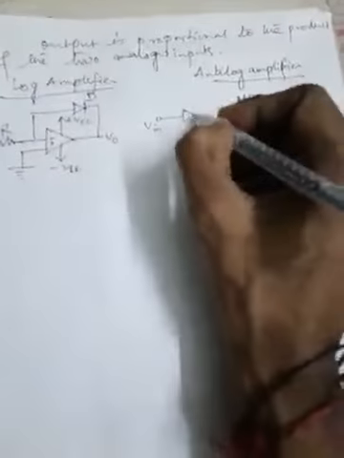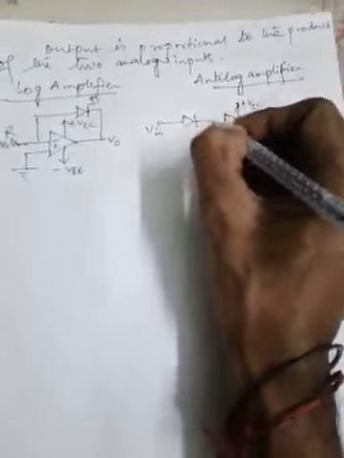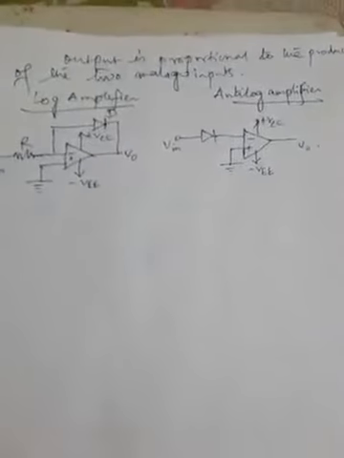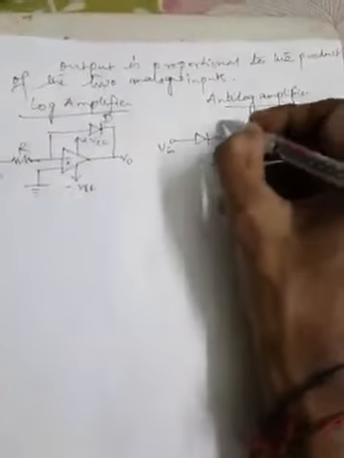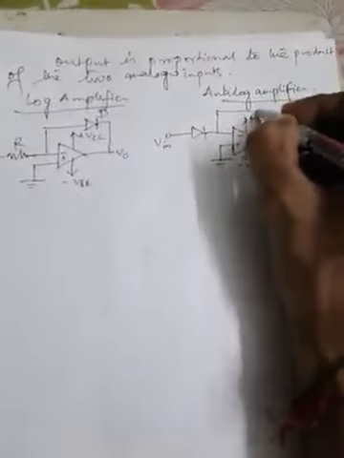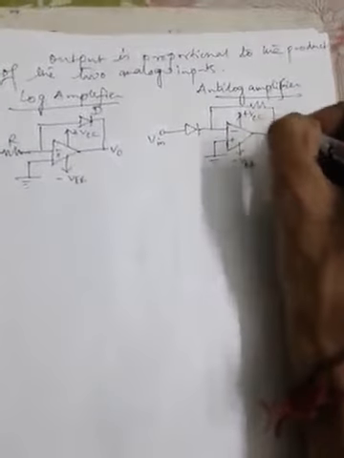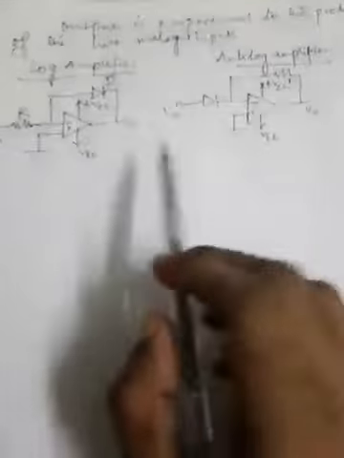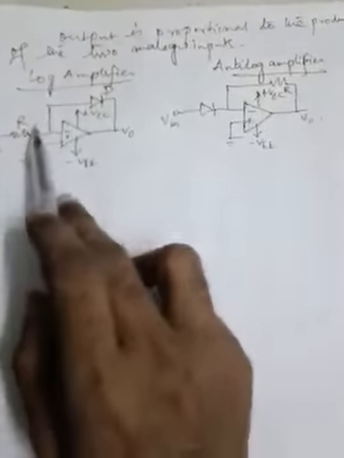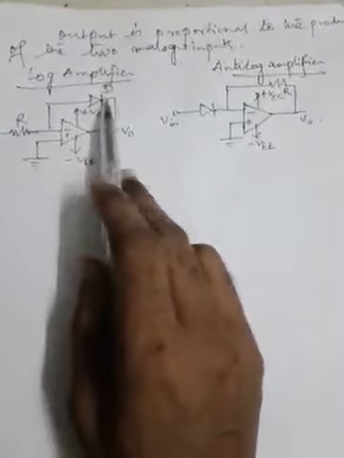Now it is connected in the input path to the inverting terminal, and the feedback element is a resistance R, which was with the input path in case of log amplifier. So for log and anti-log amplifier, the position of this R and this diode D is swapped.